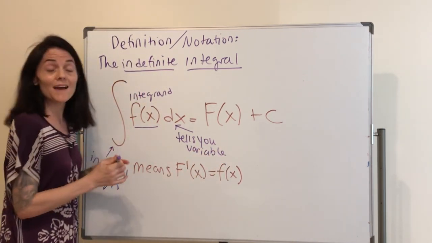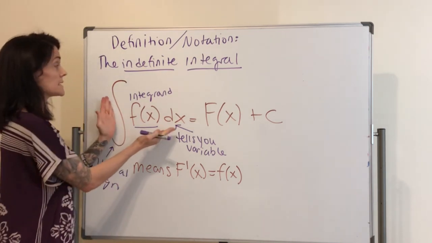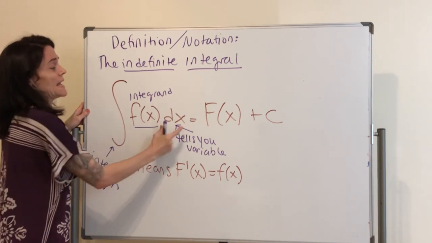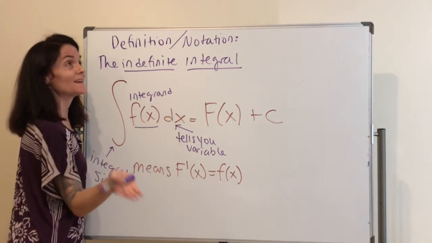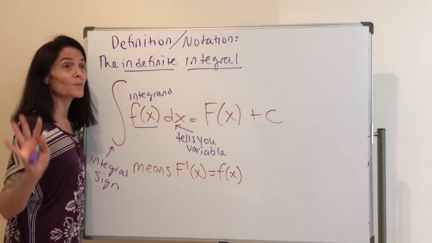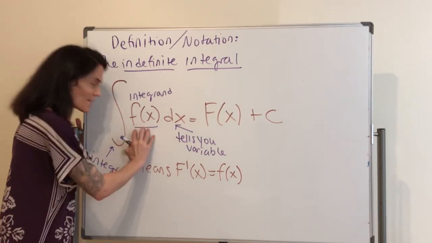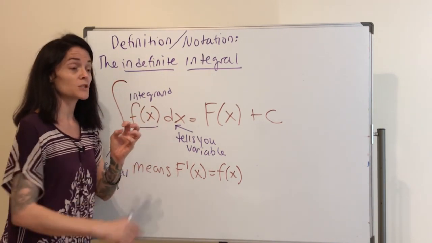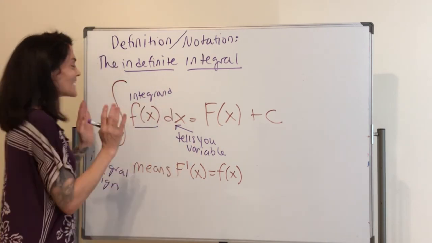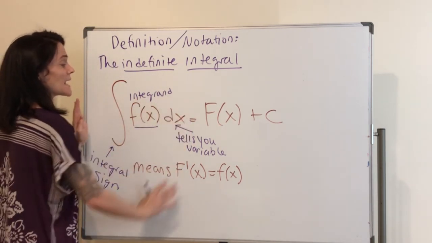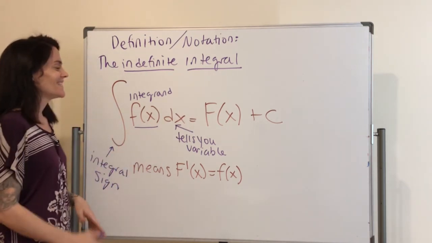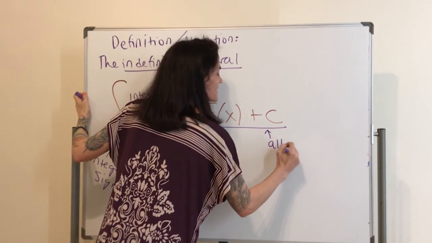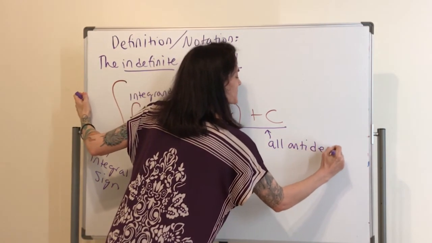And what you see on the left-hand side, this is an indefinite integral. And every integral starts with an integral sign and ends with a dx, or d whatever your variable is. And the verb here is that we integrate f of x. Just like if you said d/dx and then wrote a function, we would be differentiating. Here, with the integral sign, integrand, dx, we are integrating. And then over here, this is the set of all antiderivatives.